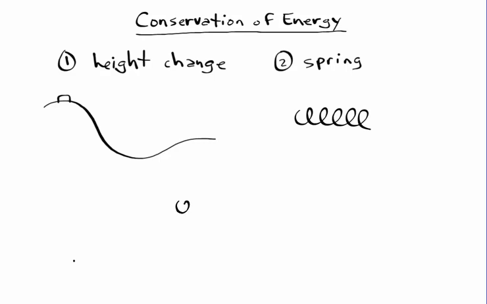For instance, if we had a spring and we put a mass on it and we compressed the spring and then we shot this mass up a hill, we would see that energy, as long as there was no friction, is conserved. Now, when energy is conserved, it means that the total energy at any given point is a constant.